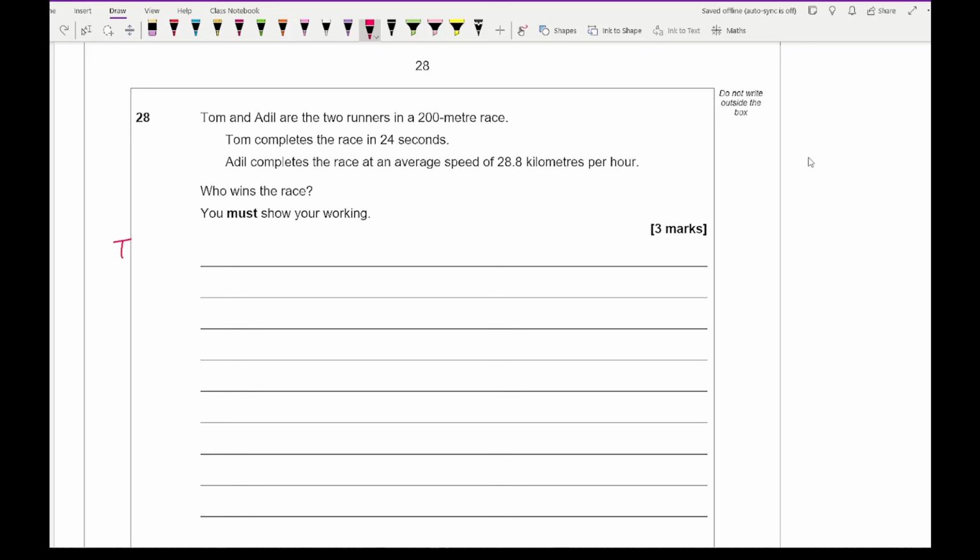So for Tom's speed, that's calculated by doing speed equals distance over time. Now his distance is 200 meters and his time is 24 seconds. Now I want to convert that into kilometers and hours. So I can write 200 meters. If I divide that by 1000, because there are 1000 meters in a kilometer, that gives me an answer of 0.2 kilometers.